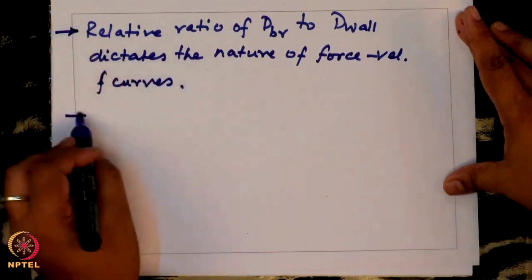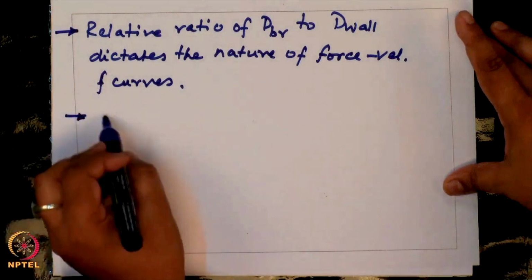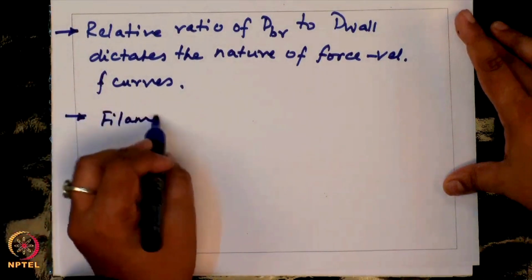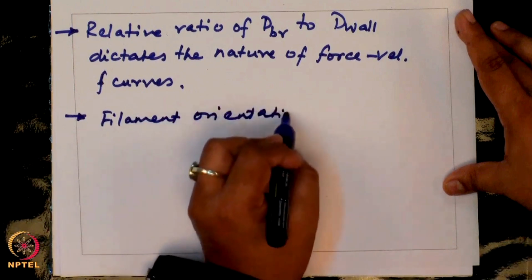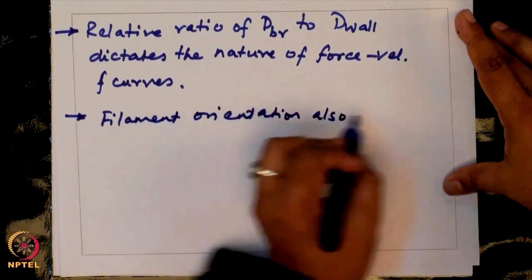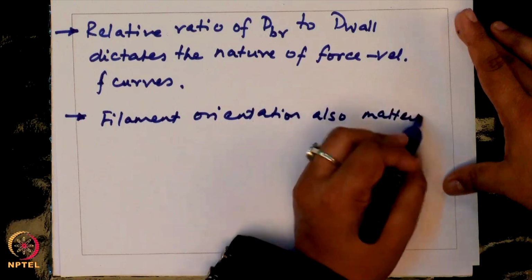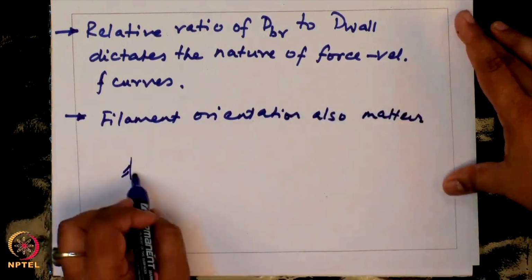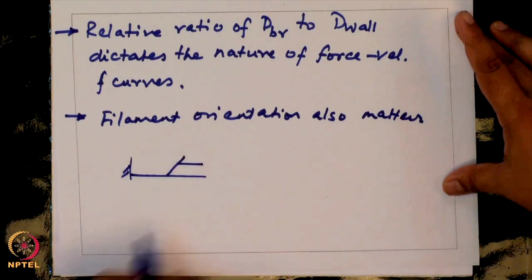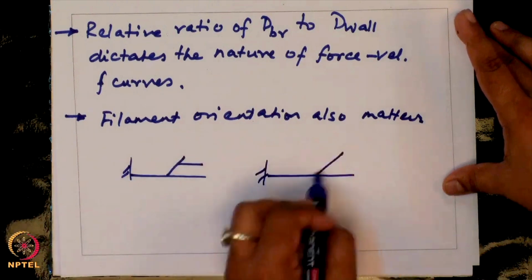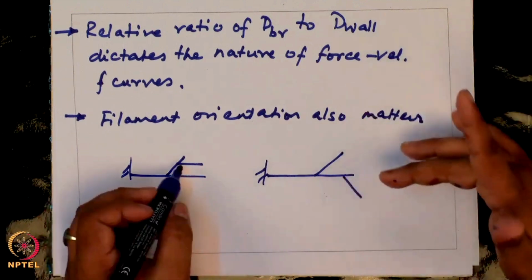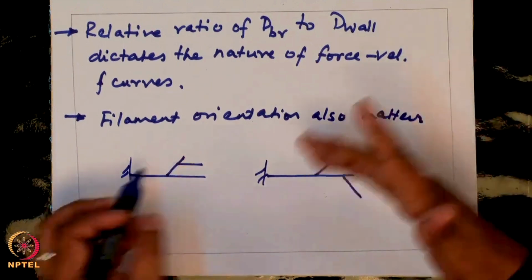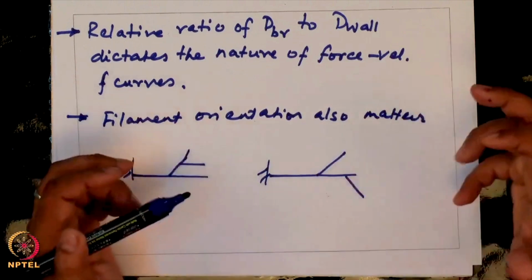This is one, and the second one is that filament orientation also matters. Because even if you have only 3 filaments in the system, this is one particular geometry versus this might be another geometry. So, there will be a difference in the nature of the force velocity curve depending on the geometry of the filaments.